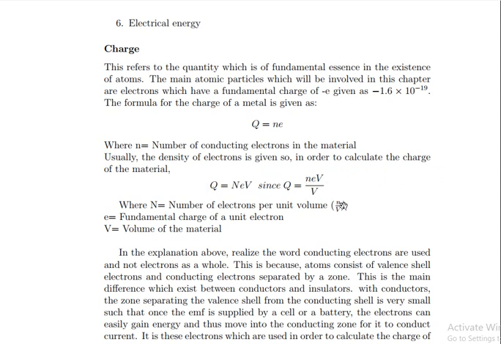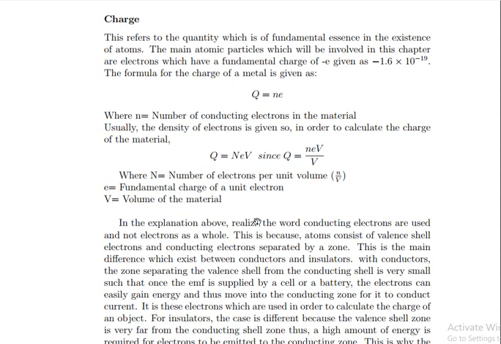This small n equals small n over big V, and this is considered to be the number of electrons per unit volume. So when you are given the number of electrons per unit volume and asked to find the charge, it will be equal to the number of electrons per unit volume times the charge of one electron times the volume of the conductor in which you are asked to find.